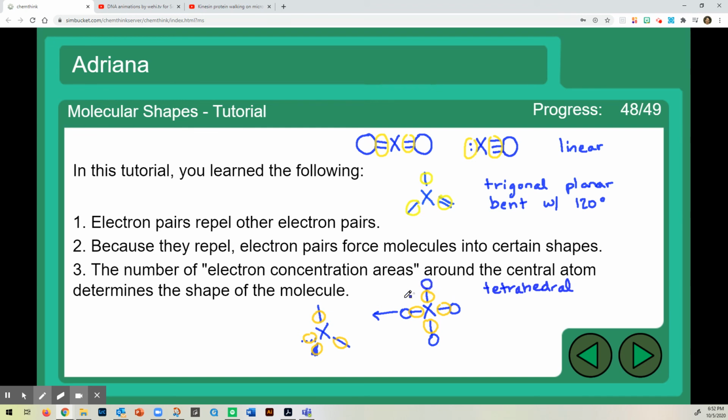If you have one lone pair, let's replace one of these with a lone pair, you would just end up with your trigonal pyramidal, right? That lone pair is still going to repel them. It's just not going to be involved in terms of the shape of the molecule because it's just electrons. It doesn't really have mass compared to when we're looking at atoms. And so you could also have trigonal pyramidal.